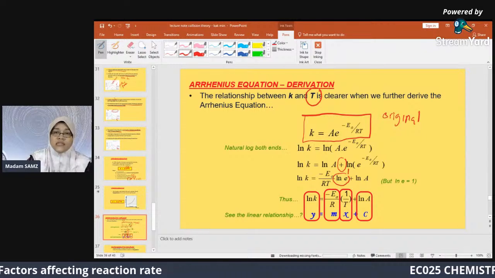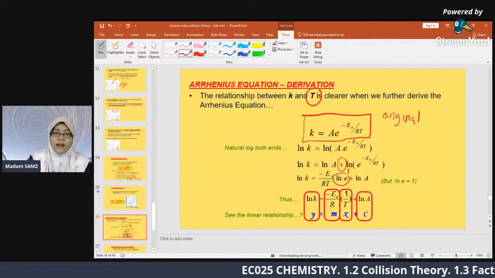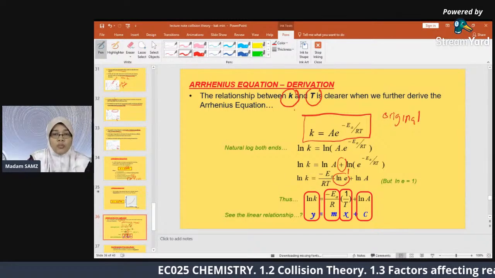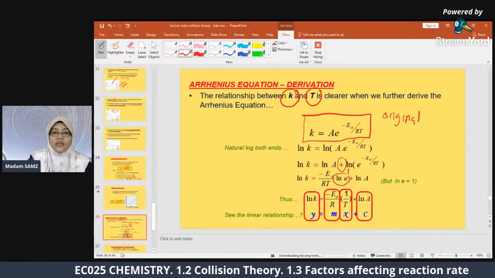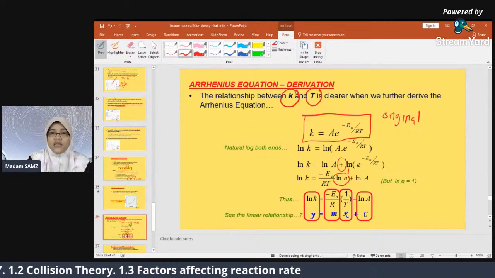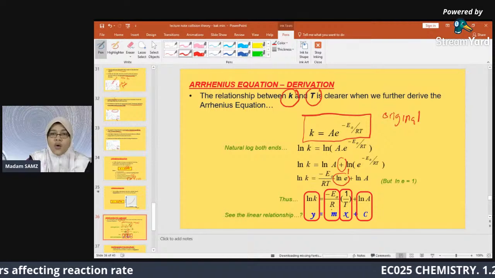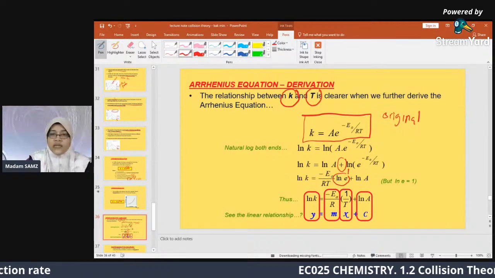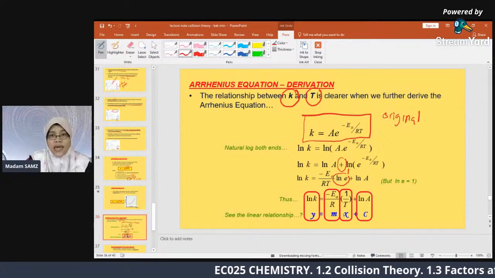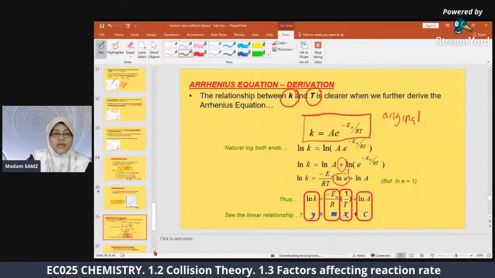So, kat sini kita boleh cakap, okay, k dan T adalah dua pemboleh ubah. Jadi kalau kita nak buat instead of exponent graph, kita prefer yang linear graph. So ini ln k is y, Ea over R is gradient, 1 over T is x, dan ln A is dia punya pintasan y.